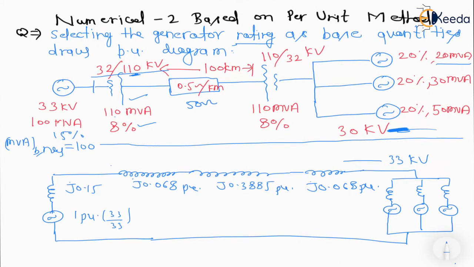For the second motor it is J 0.55. For the third motor it is J 0.3305. Now the per unit value of the voltage of these motors will be 30 upon 33, since 30 is your operating point and the new voltage is 33. That is the per unit value for all these three motors. So here it is all about this question. Thank you.